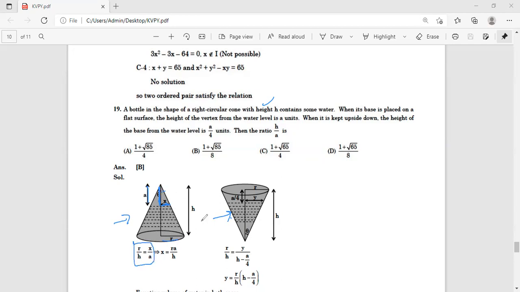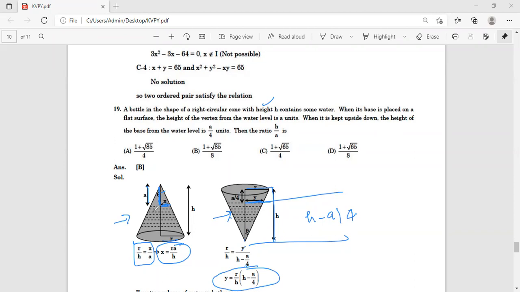Tan theta is the same, similar triangles, basics of cone. So you get x as r a by h. This radius, why do we want it? For volume. Similarly here, r by h is y divided by h minus a by 4. So you get y here.